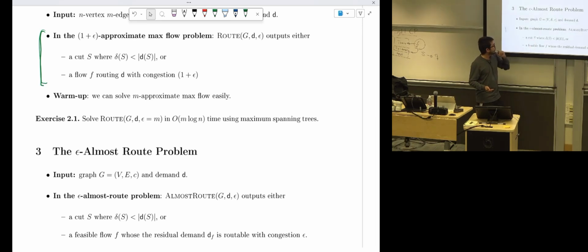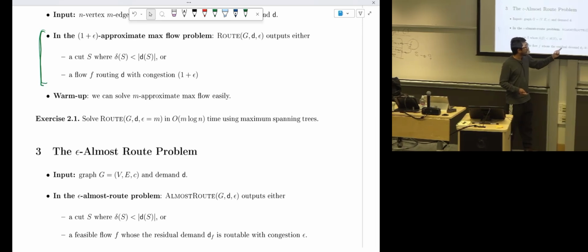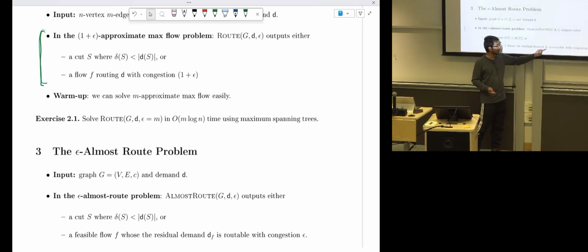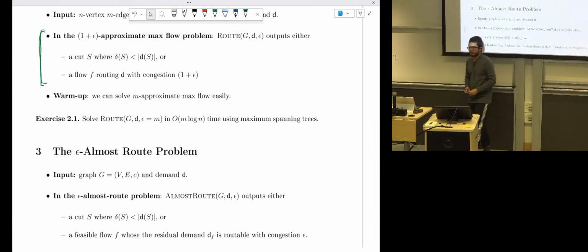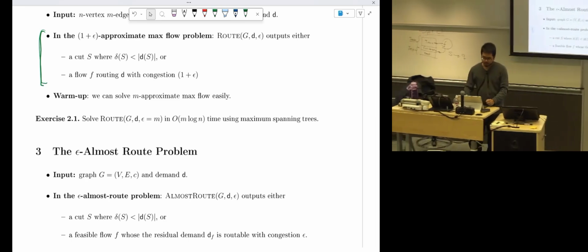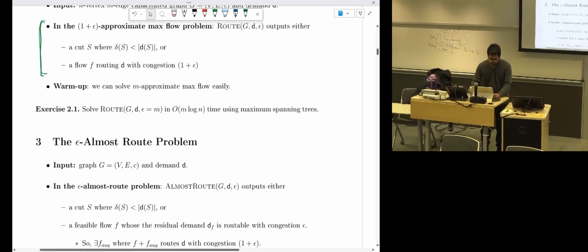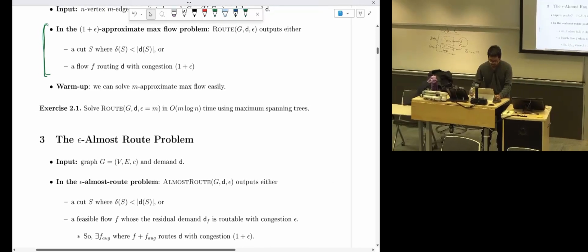Otherwise, it's going to return a flow. This flow will have congestion 1. It's a feasible flow. But the guarantee is that the residual demand is routable with congestion epsilon. What does this mean?